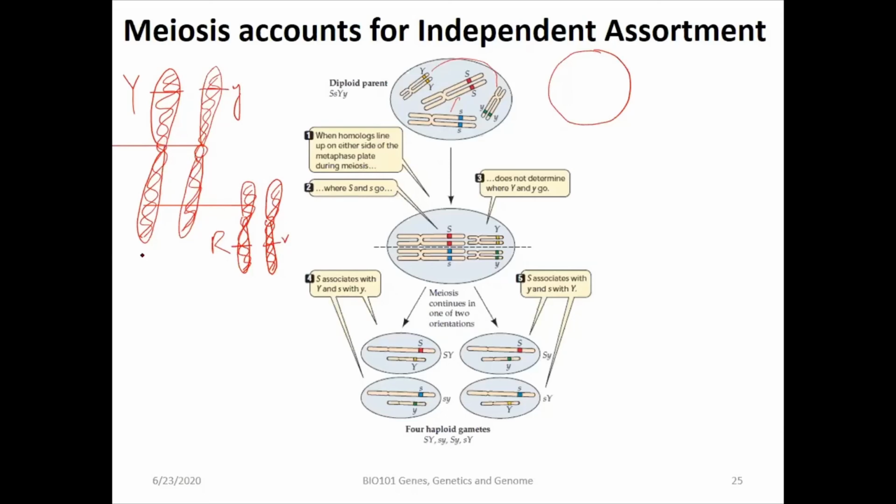So after duplication, this is how the chromosome looks. All the DNA here is duplicated, and now we have two sister chromatids.